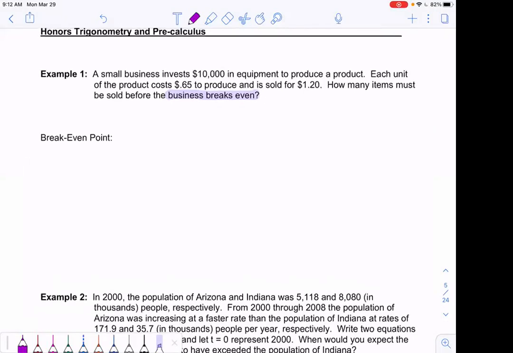So the break even point is when your income equals your expenses. So it's an actual point on a graph. When does my income equal the amount that I'm spending, my expenses?